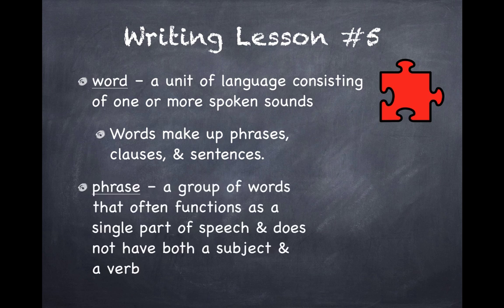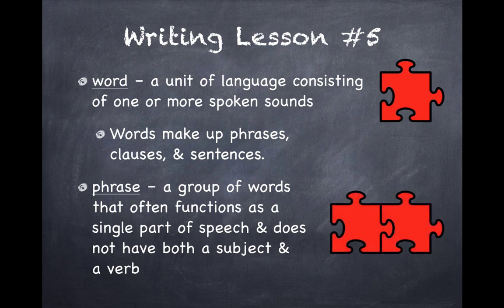So a phrase is going to be a group of words that often functions as a single part of speech. So think about the analogy here of two puzzle pieces. Often you might have two or more words that have been put together, but they're connected and they function as one. Now, something that's important to note about phrases is they do not have a subject and a verb.